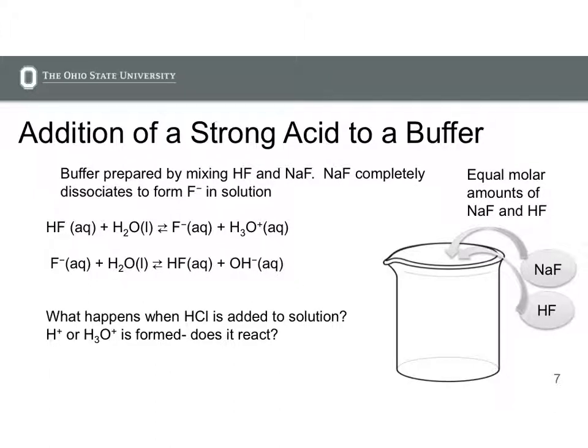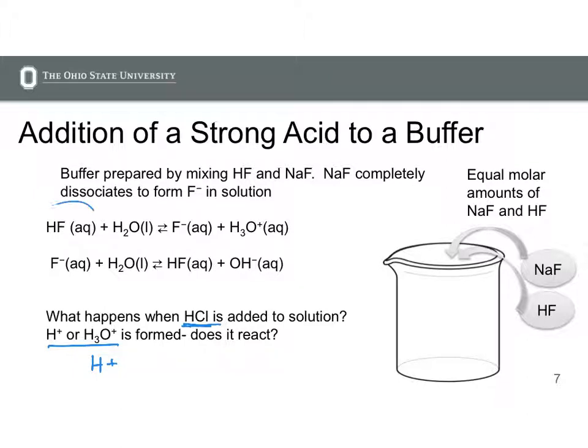So let's say we add a strong acid to a buffer. We're going to add HCl in this case. And that's going to completely dissociate to form, we'll just call it H+.